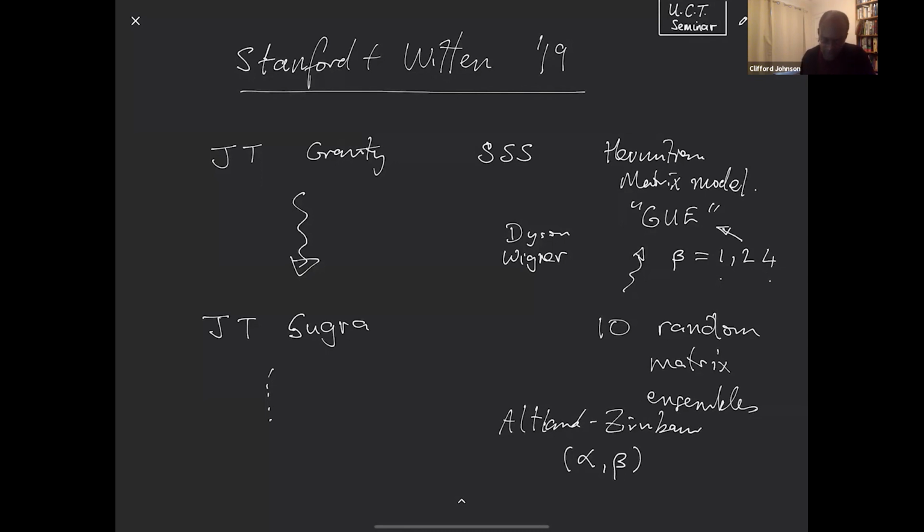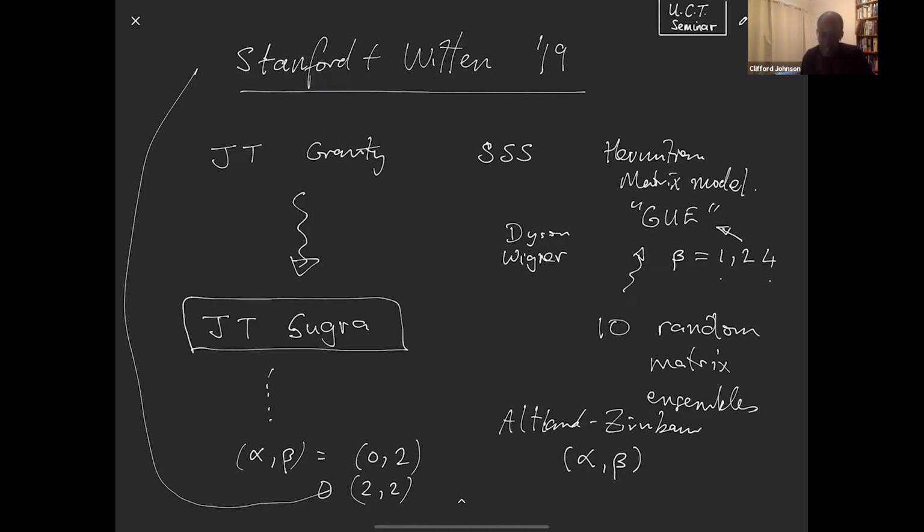but one of the things I discovered to my delight earlier this year was that the case alpha, beta equals 0, 2, and 2, 2, which had some very, very special features in the paper of Stanford and Witten, which are a kind of JT supergravity, are in fact captured quite nicely in terms of this picture that I've been pushing about building things out of minimal models.